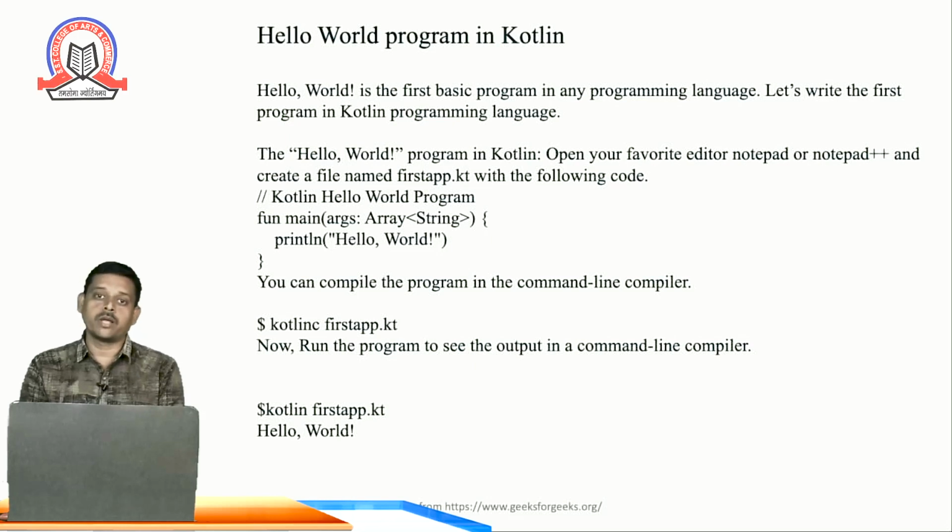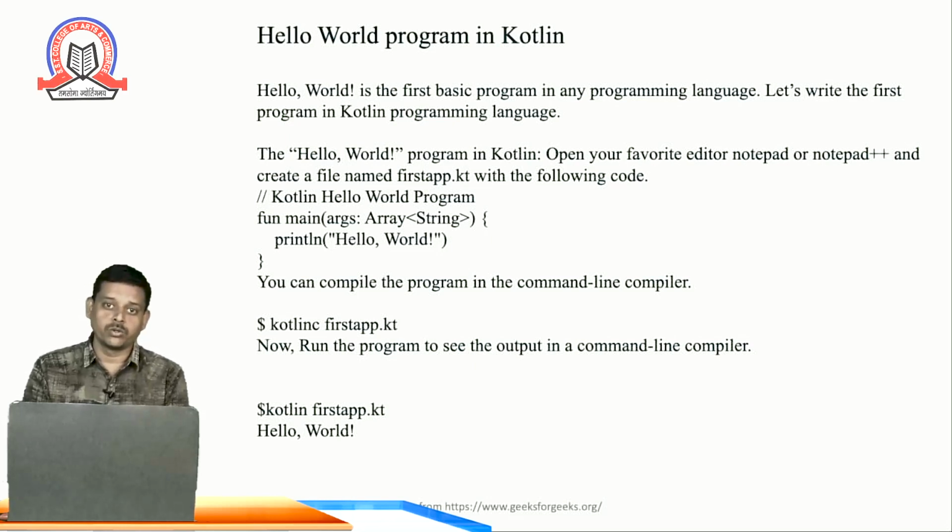According to that error message, you have to correct those statements, rewrite the program, and then compile it again. Once you compile it successfully, on the next line you have to mention the command kotlin, space, followed by the name of the file.